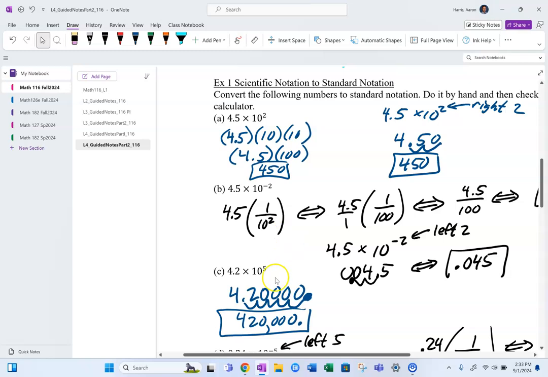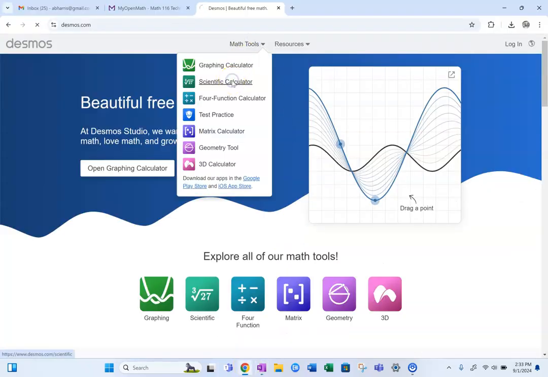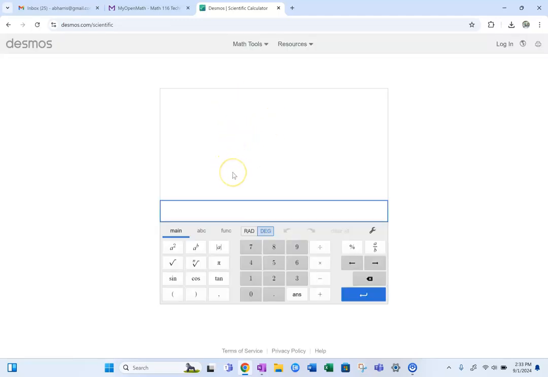So if you pull up Desmos, desmos.com, that scientific calculator, let's do that first one. We had 4.5 times 10 squared. I'm going to have to use that times button. You see how you get 450. The second one was 4.5 times 10 to the negative 2, or 0.045.